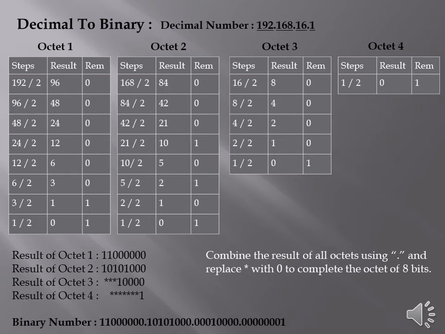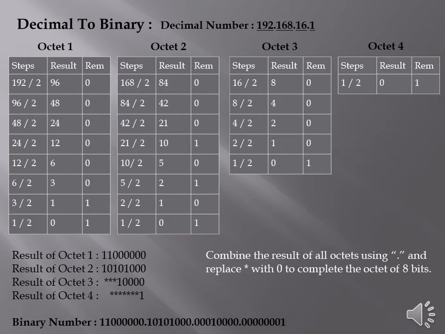We can add a star first and later replace that star with 0 to complete the octet of 8 bits. So the final result of octet 3 would be 0, 0, 0, 1, 0, 0, 0, 0.